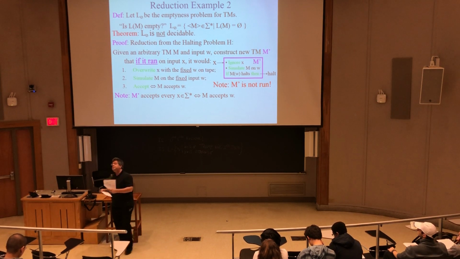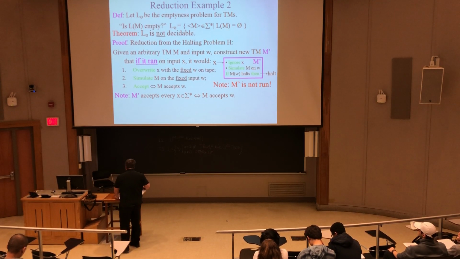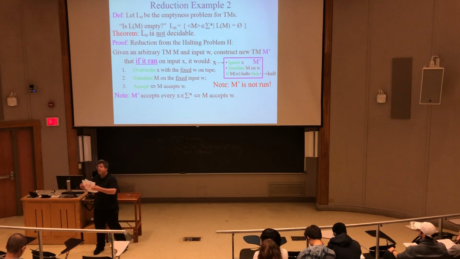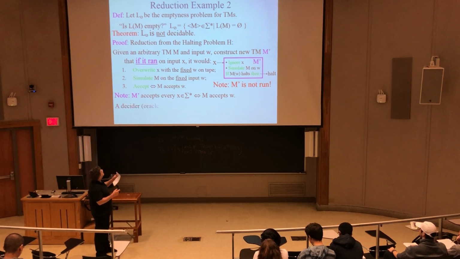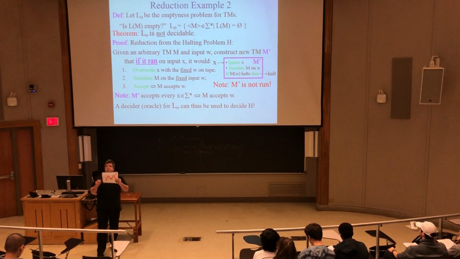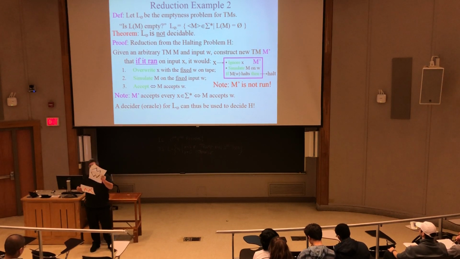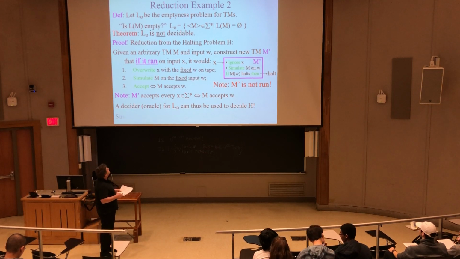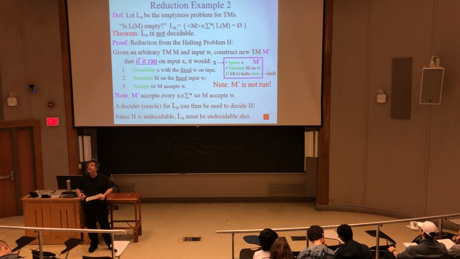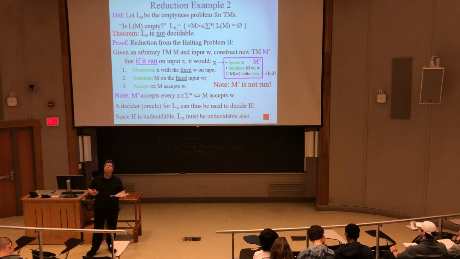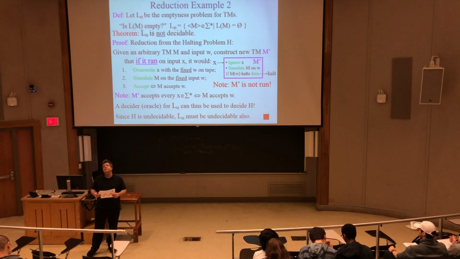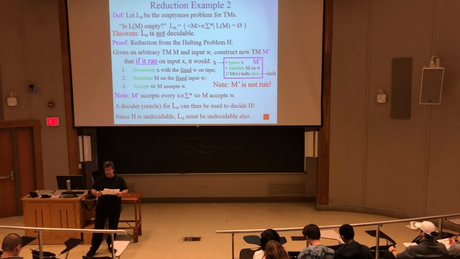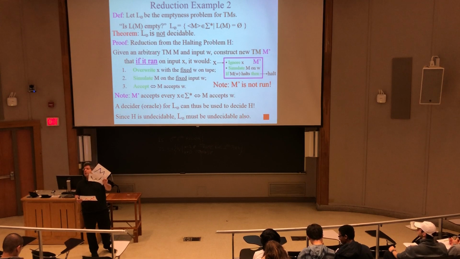Because you can take an arbitrary instance of the halting problem, M and W, and compile it into an M prime that will just simulate M and W internally, and the language of M prime is empty if and only if M would accept W. If you have a subroutine for the emptiness problem, you can automatically convert that into an algorithm for the general halting problem, which we know has no algorithm; it's undecidable.